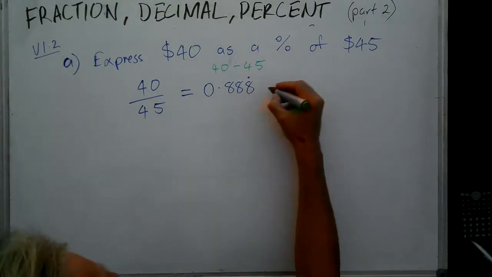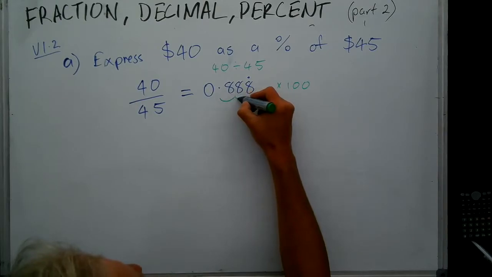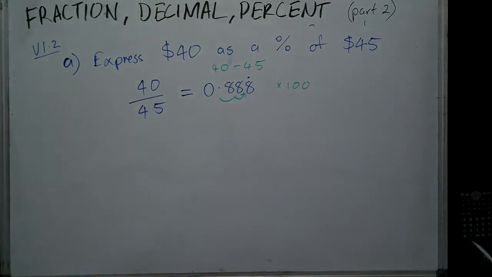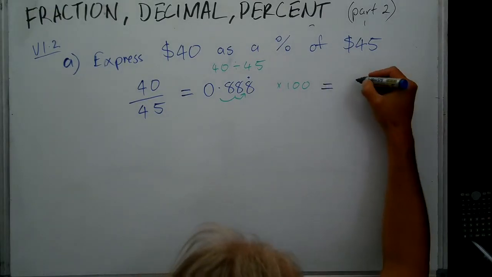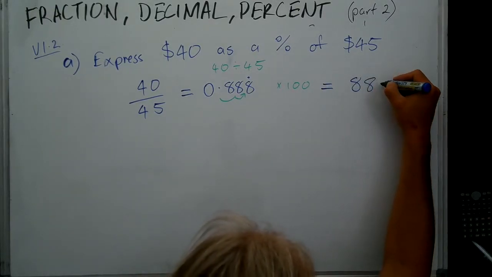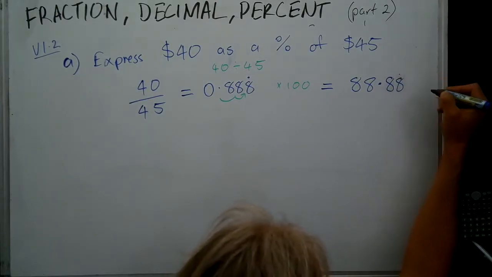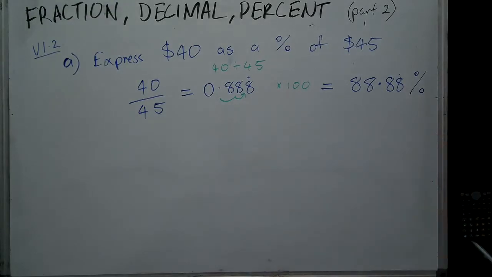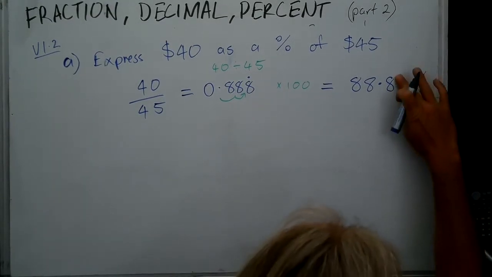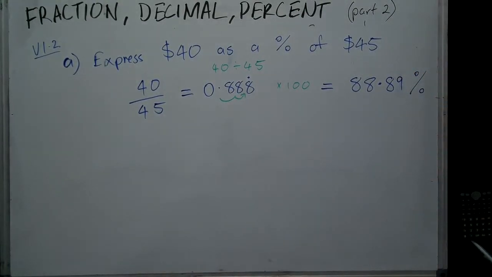And again, in our heads, multiply by 100 is going to move that decimal place 2 spaces. So this will give us a grand total of 88.88 recurring percent. Actually, let's write it as 88.89. I will round that one.